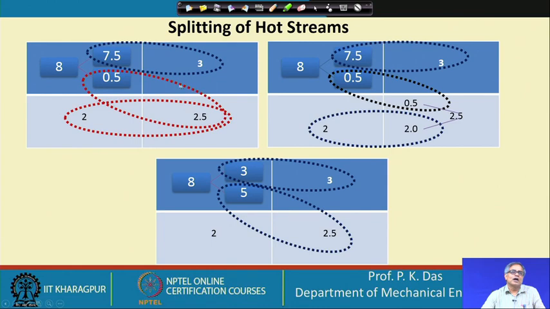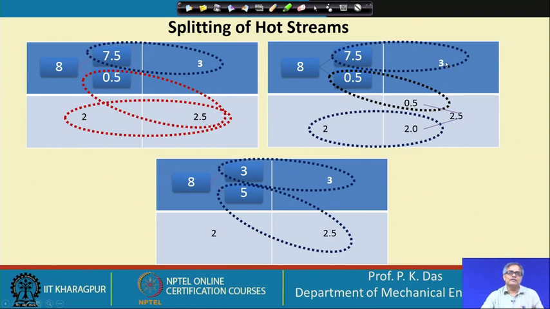Sorry, this can give a viable solution because hot stream 7.5 and this is 3, but this cannot give a viable solution because this is your cold stream and it is less than 0.5, less than 2. So, now we can have 7.5 and 0.5, and here also we are splitting it.